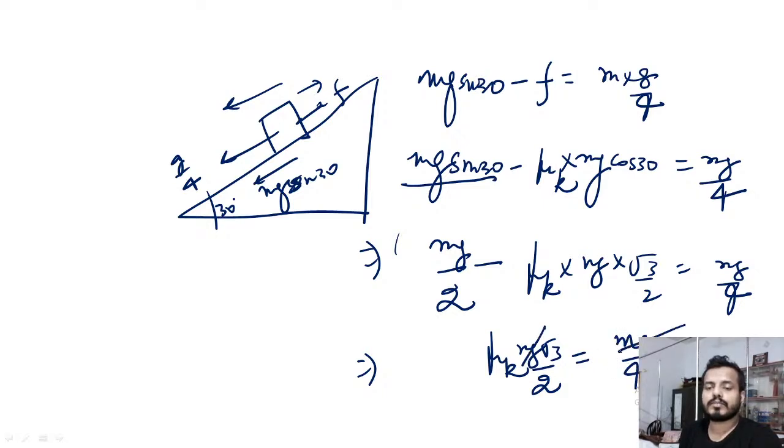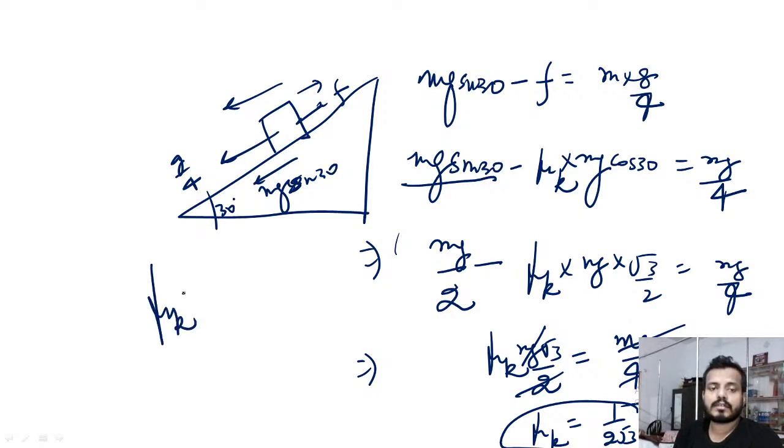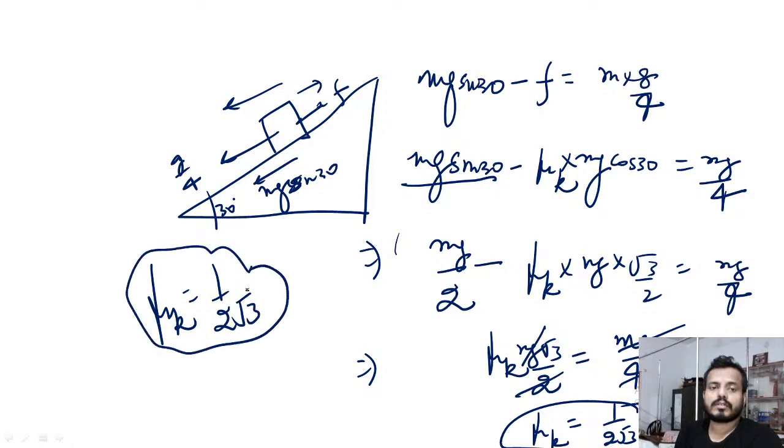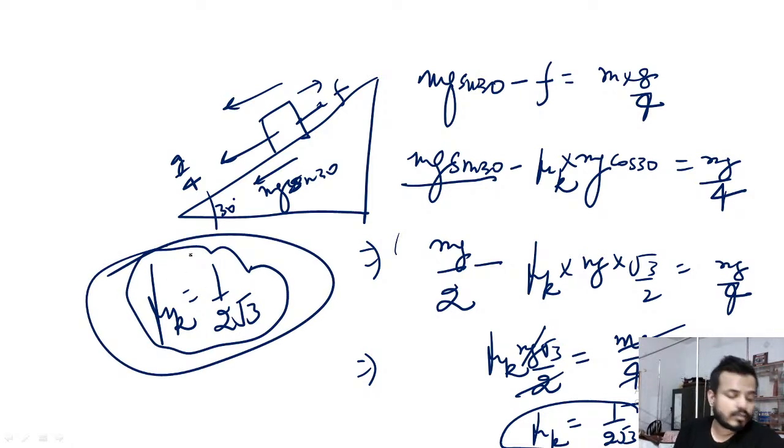From here mu k will be 1 by 2 root 3. So that is the answer. This is how you solve this problem.